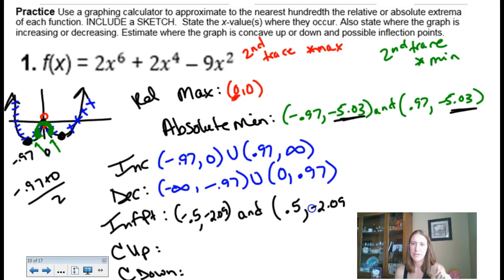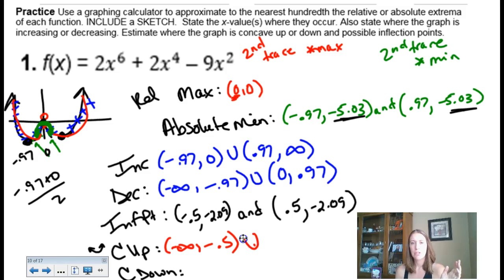Still at negative 2.09. So when is it concave up? Remember, concave up is a happy face. So it is a happy face right here and then right here. So that would be negative infinity until this first inflection point, which is negative 0.5.